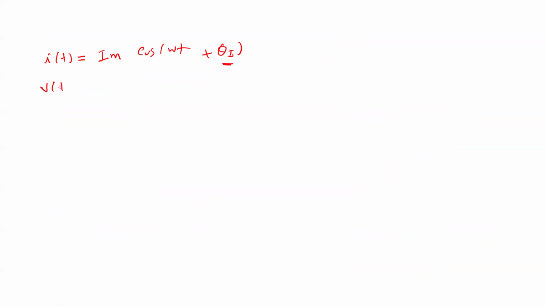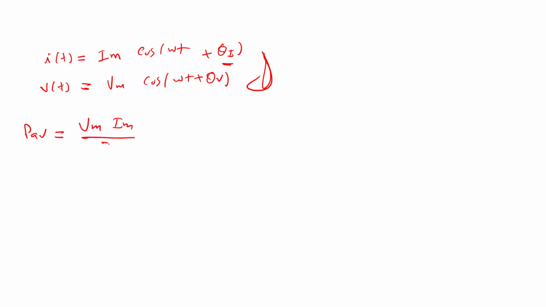Same thing for V of T, the instantaneous voltage, which should be Vm cosine omega T plus theta V. Now if you want the instantaneous power, you just multiply these two together, and I will do that. But if you want to calculate the average power, the average power is equal to Vm Im divided by 2.